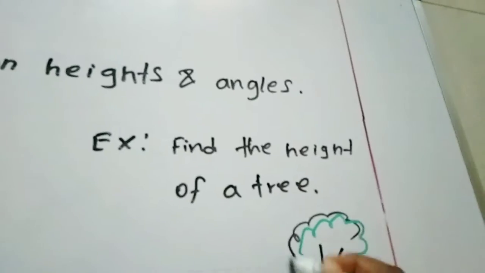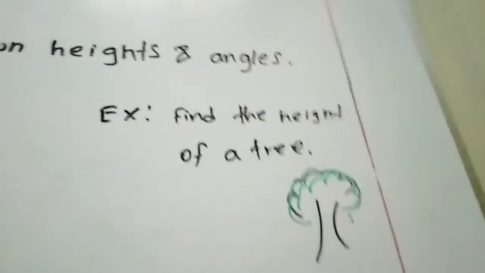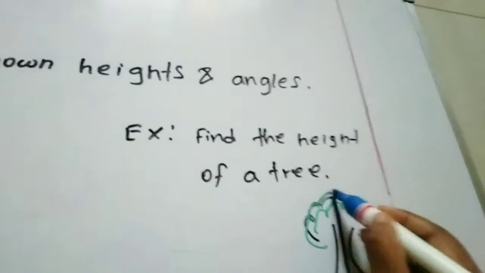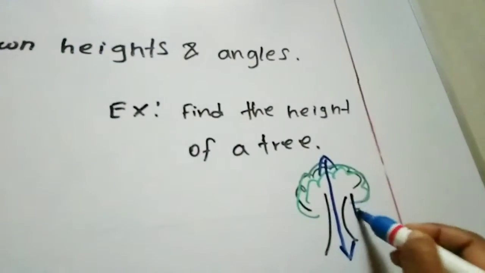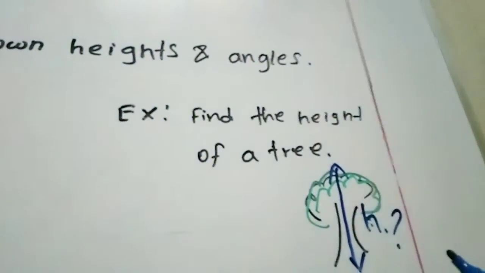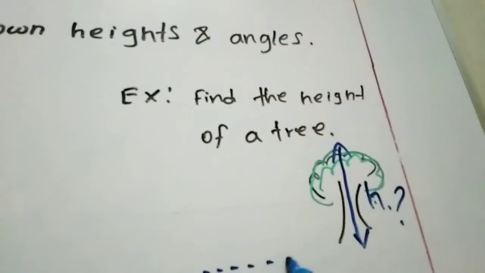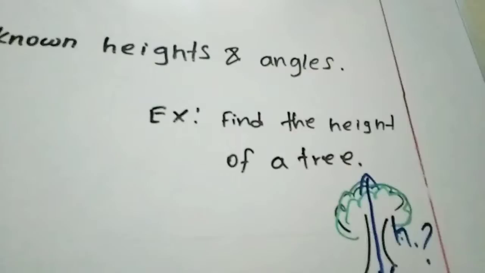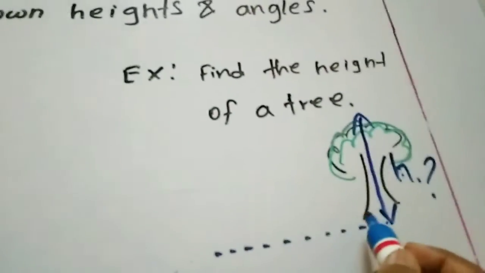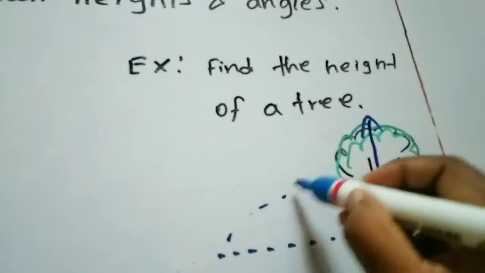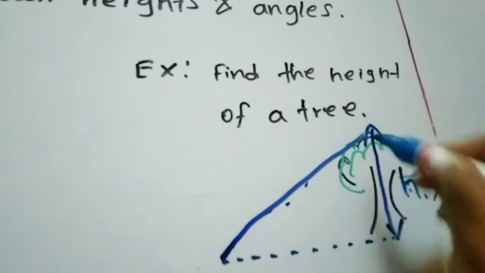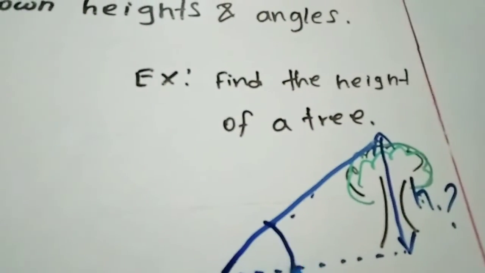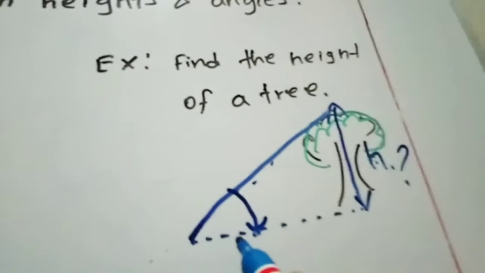Let's name the unknown height as h. To find this height, at least we need two known measurements.